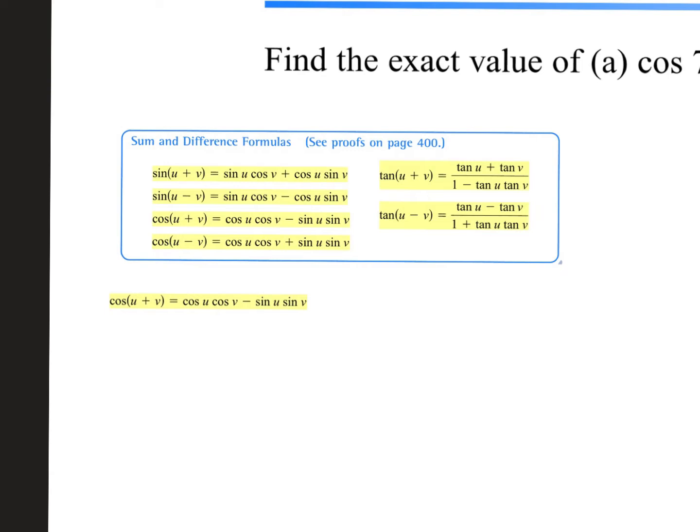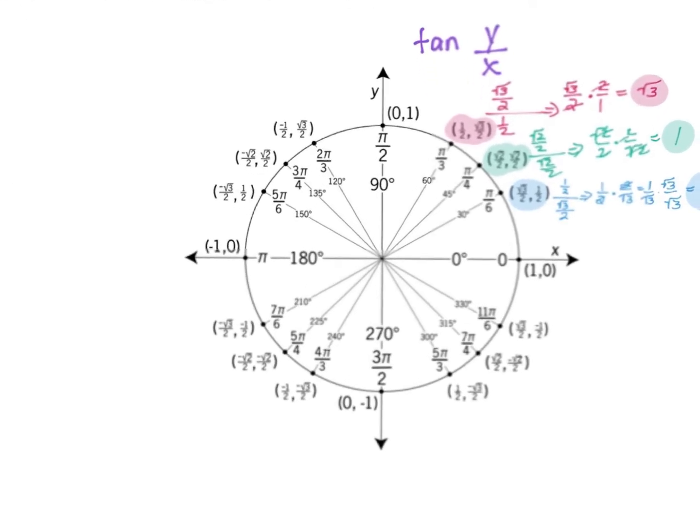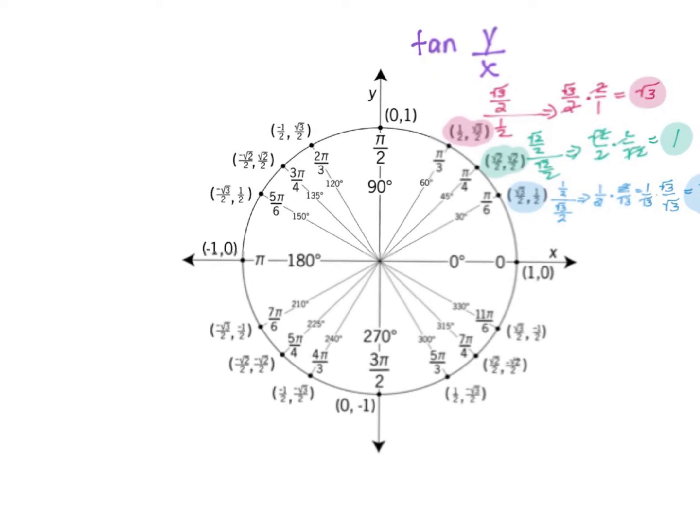It doesn't matter. You'll end up with the same answer. It does not matter, just as long as you pick 2 angles that are on the unit circle. So what would you guys pick that would add up or subtract to give you 75? Angles on the unit circle. What plus what would give you 75? 45 and 30? Okay, that's easy.